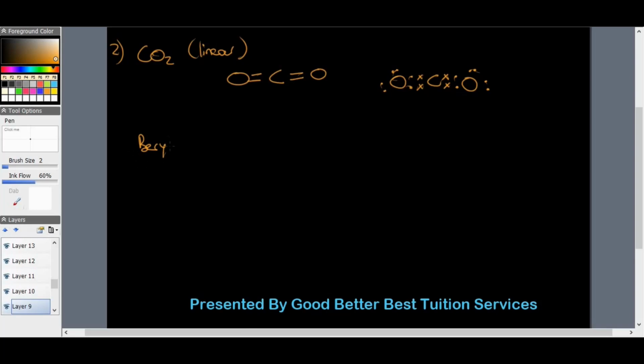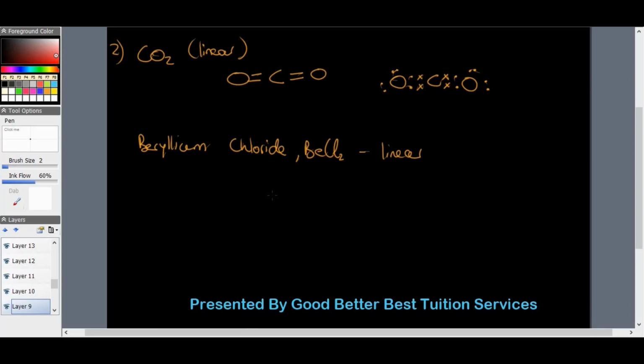The second example of a linear molecule under VSEPR theory would be, I'm going to write this one out in full, beryllium chloride, which is known as BeCl2. This is also a linear molecule. Now if we draw it out in Lewis structure, which I'm going to do in just a moment, I'm just going to change the color quickly.